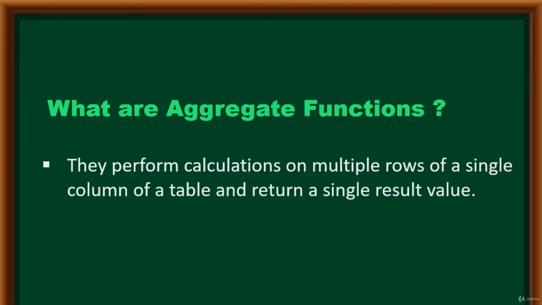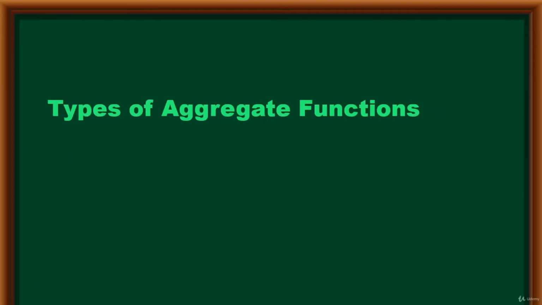So depending on your type of business or the type of business requirements, you can use different types of aggregate functions to achieve the result you are trying to obtain. MySQL supports the following types of aggregate functions.